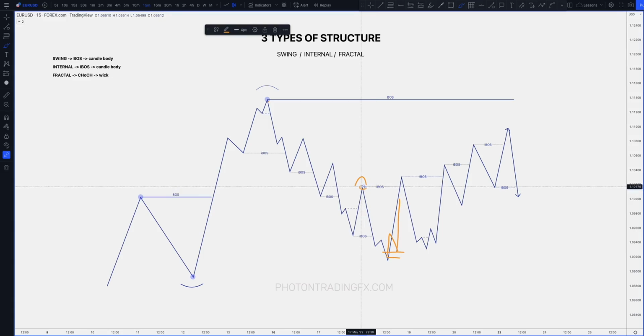At this point, this is a strong internal lower high because it took out the internal low. It's only once that breaks that the internal structure switches bullish. This then becomes that strong internal low, and now this here becomes the highest probability buying opportunity because the large internal structure is now aligned with the swing structure.